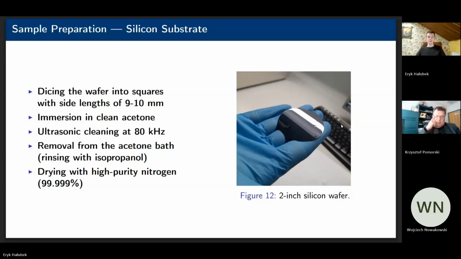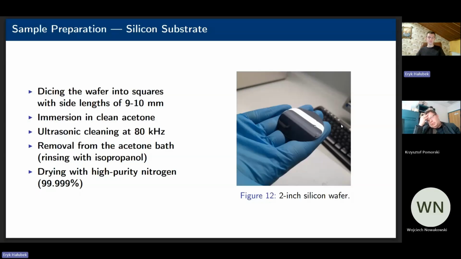We put it into ultrasonic cleaning at 80 kilohertz for 2 minutes at 30 degrees to remove all kinds of debris and things that are attached to the silicon that we don't want to be there. Then we take it out of the acetone bath while rinsing with isopropanol.